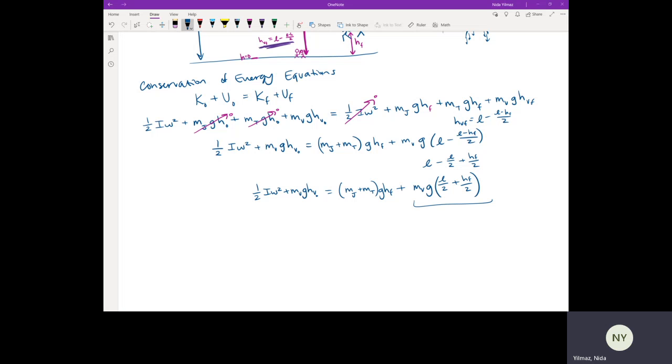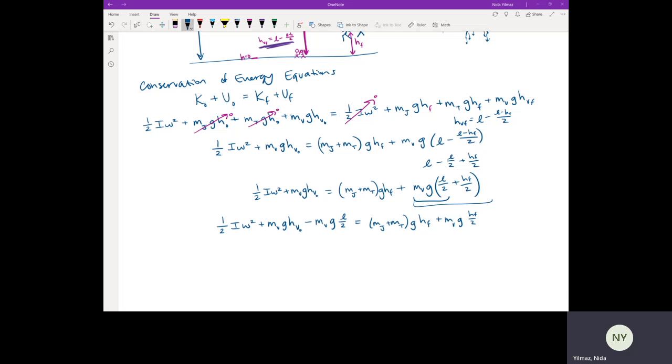So we're going to have half I W squared plus M V G H V naught, height of vine initial, right? This would be minus mass of the vine times gravity, L over 2, because we've moved this part over, is equal to mass of Jane plus mass of Tarzan times G times H F plus mass of vine G H F over 2. All right, hopefully y'all agree with me so far.